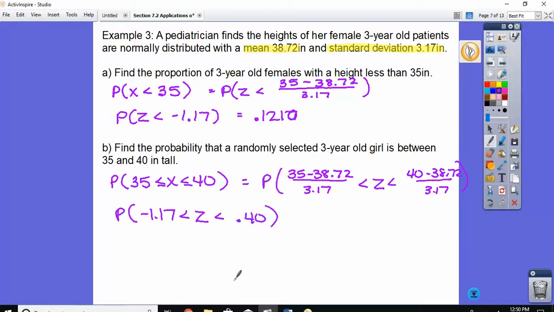So how do you find the probability that it's between two things? Subtract them. The bigger one is going to be the 0.40. So the probability of 0.40 is 0.6554 minus the probability of negative 1.17, which we know is 0.1210. So we get 0.5384.